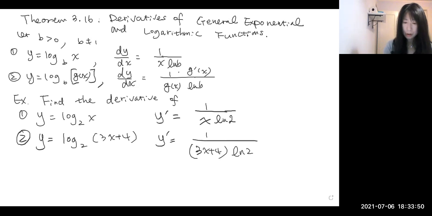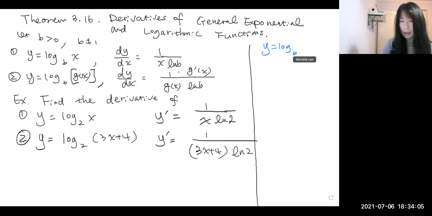And let me show you, because your classmate is curious about this one, right? So, okay, let's say that y equals log base b of x, okay? Then this is the same as, look, I teach this way in algebra. The base goes to the other side, we get the x, right? So there is b to the y equals x. That is the definition, right? Then we take the ln of both sides.